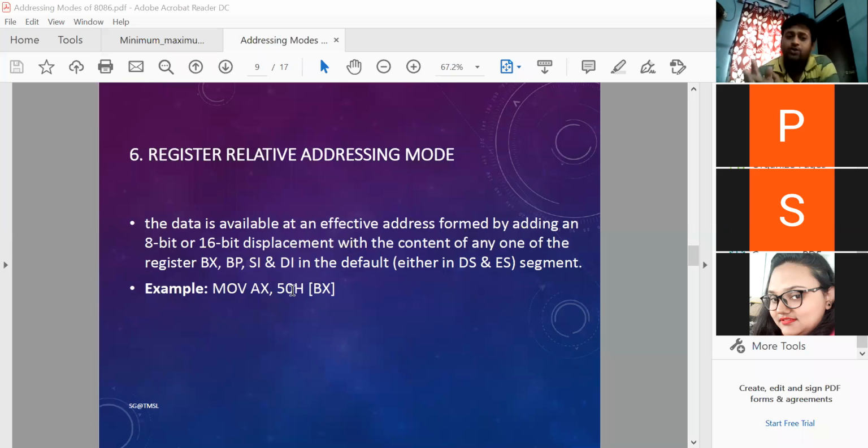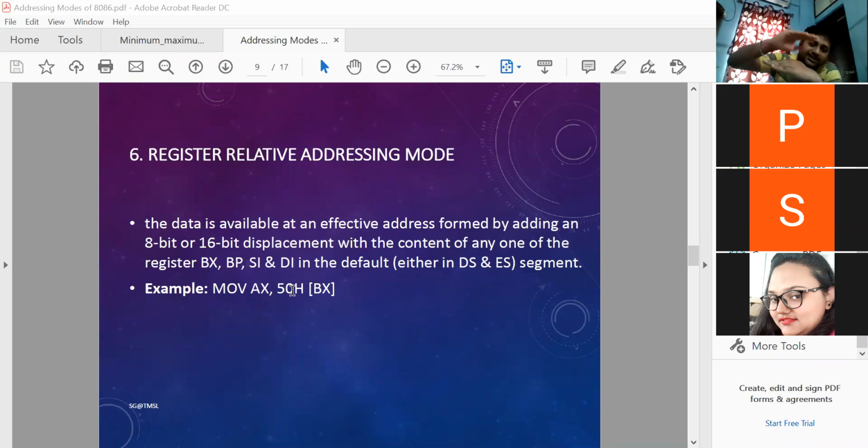Clear? So what is the use of this 5000? This 5000 is a displacement, meaning the distance. You have to go a 5000 distance, then a 1000 distance, and after that you reach the level where the data byte is present. So your total offset is the distance from the base point to the topmost point where the data byte is.